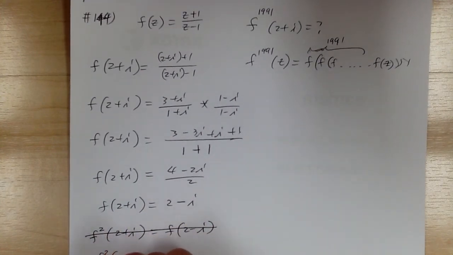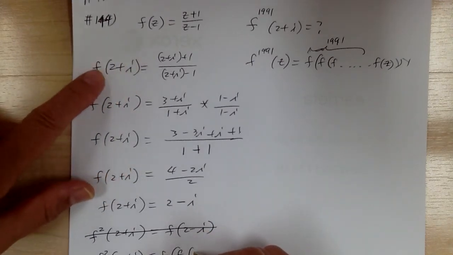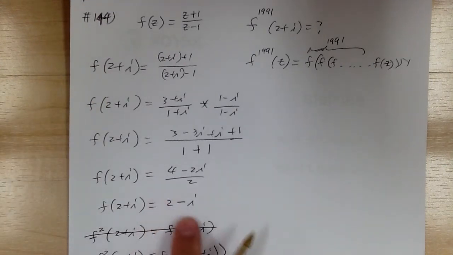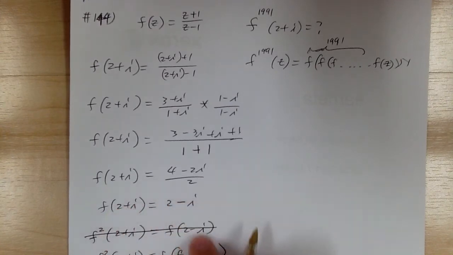The second order f of 2 plus i is equal to f of the first one, f of 2 plus i. But we already know the first layer is this one here, so this becomes f of 2 minus i.